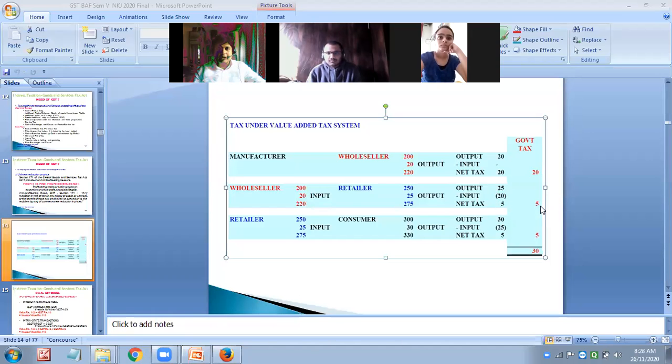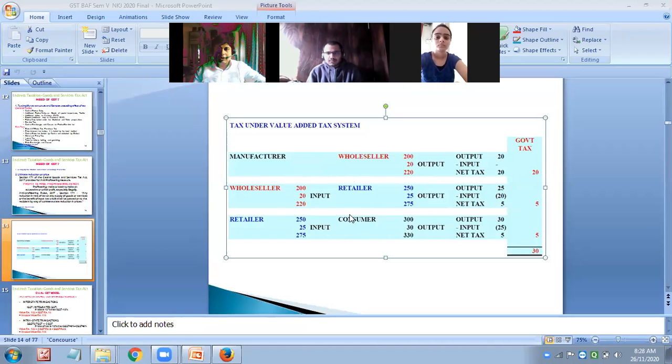And honestly speaking, he is liable to pay only 5 rupees because he has done a value addition of only 50 rupees. 10% of 50 is how much? 5. This was earlier known as value added tax. The same logic has been applied in GST also. But here the nomenclature has changed and it is known as input tax credit. Earlier it was known as set off.